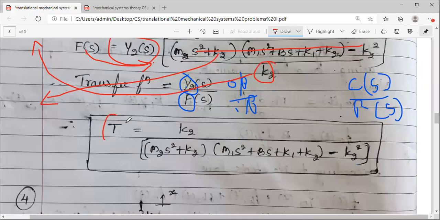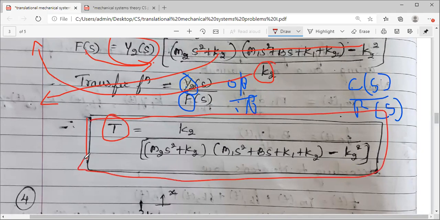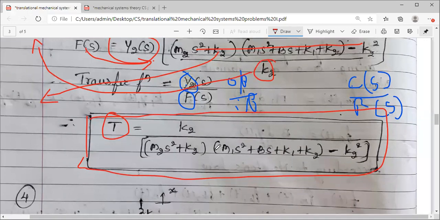So y2 by f is nothing but the transfer function, which is nothing but this complete equation which I have got. So this is the solution for the first problem. Hope you understood this. At once, अगर 50% भी समझ में आ गया तो काफी है. Okay, with practice these problems will be perfect to you.